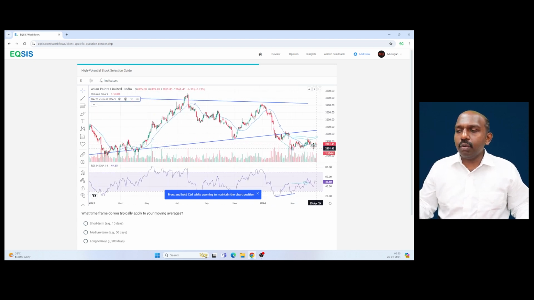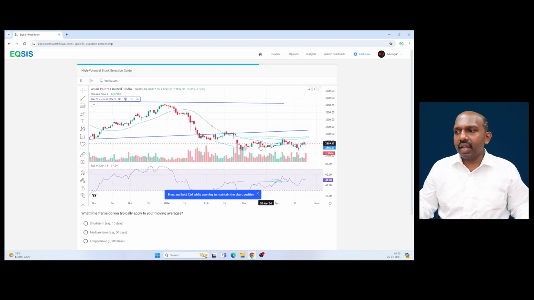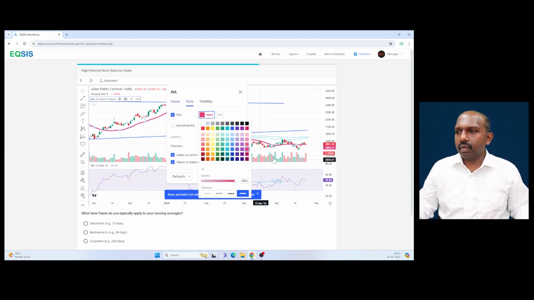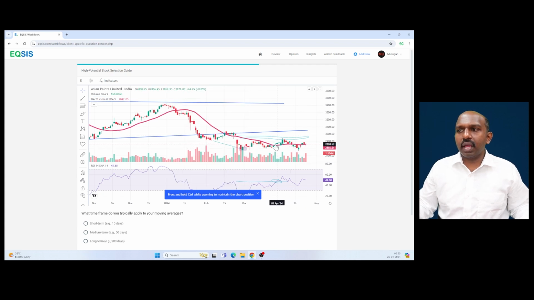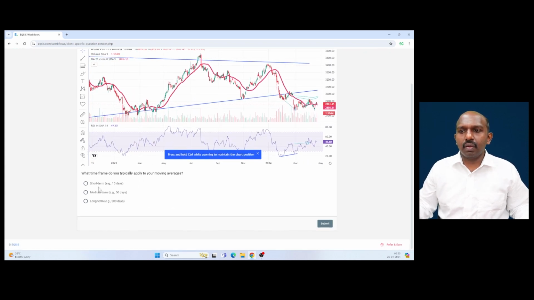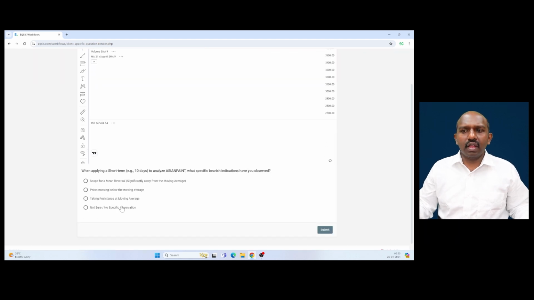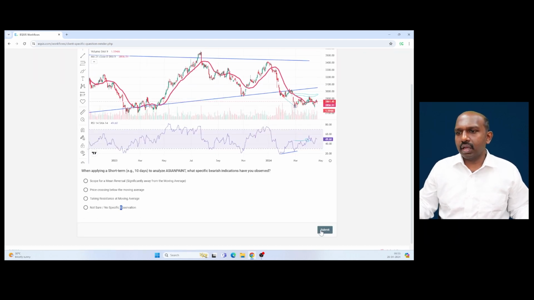It is yet to begin any bearish trending behavior, because the moving average is broken, going up and down. If you really want to see the moving average, you can make it a much thicker line, in red maybe. Now you see it is just breaking up and down. When applying the short-term moving average, I don't see anything specific from the moving average.